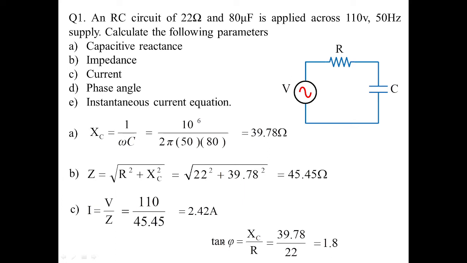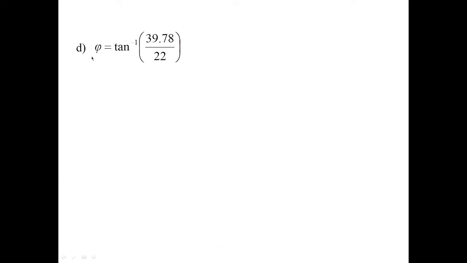Once we obtain the value of tan phi, we can obtain phi, which is equal to tan inverse of 1.8. 39.78 divided by 22 will give you the value as 1.8. So tan inverse of 1.8 will give you phi as 60.94 degrees. In fact, this is also known as the phase angle. It is leading, since it's an RC circuit, the current leads the voltage.